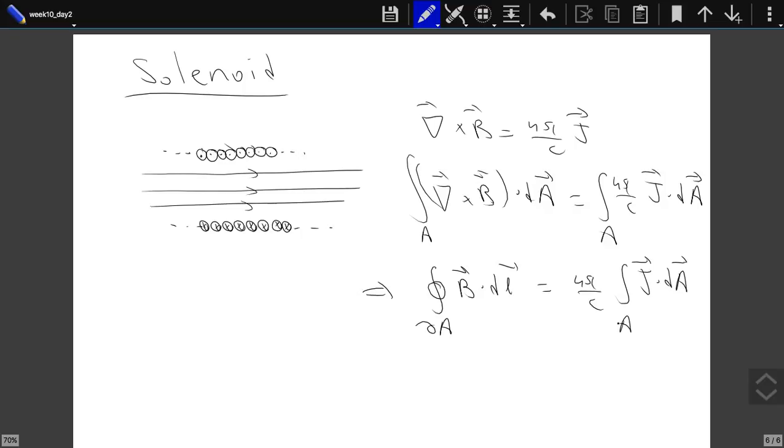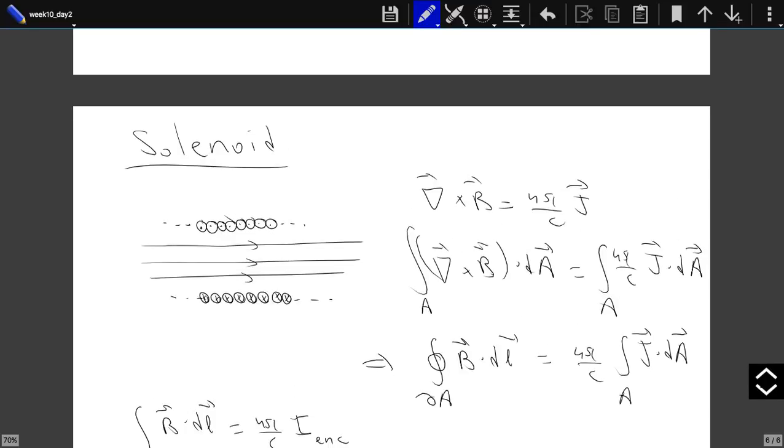But remember, current density is nothing but the current passing per unit area. So if you multiply the current density by the area, you get the total current passing through the area. So the integral of B·dl over any closed loop will be equal to 4π/c times the total current enclosed by the loop.